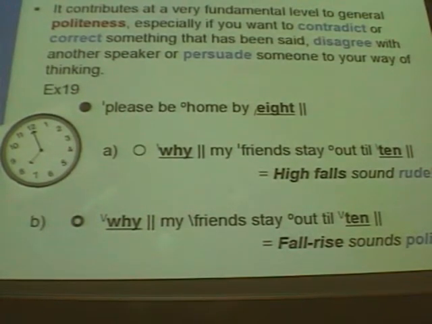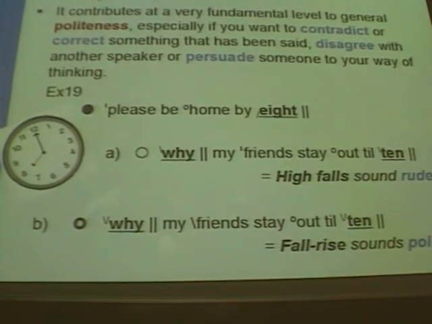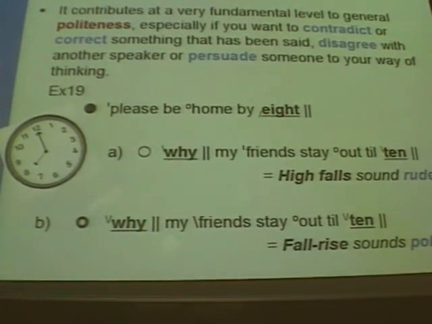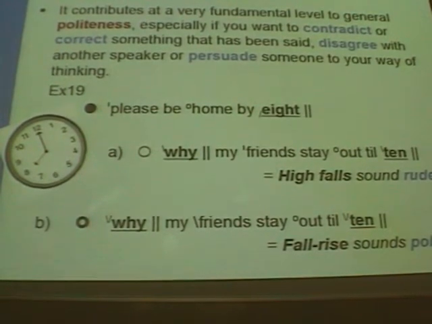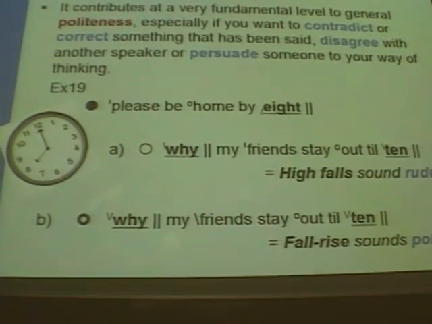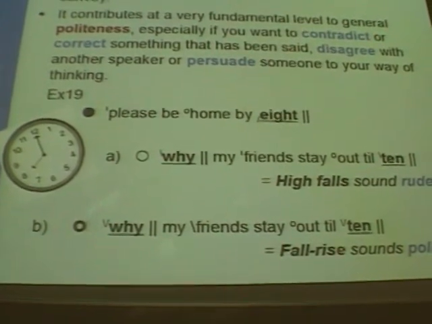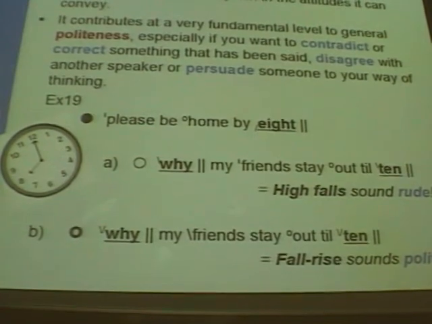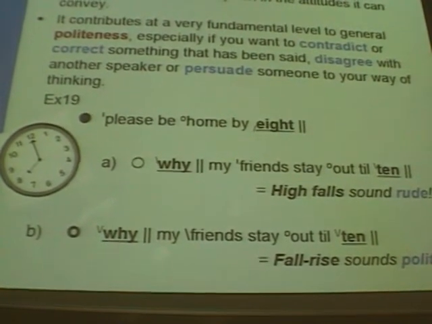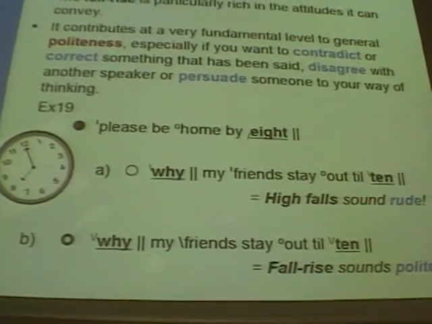"Oh, really? Oh, well, look, just hang on. Don't go anywhere for a moment. I'll ring Marjorie's mum and see what she's doing this evening." And you've opened the gates to discussion there. The first one, you'll have an argument. The second one, you're being polite. So the full rise sounds much more polite.